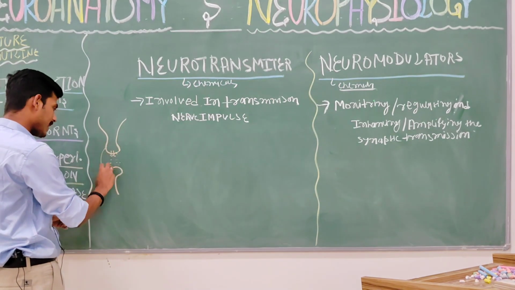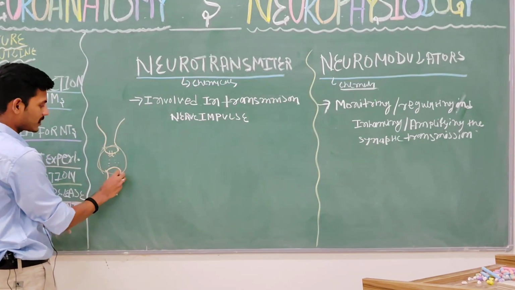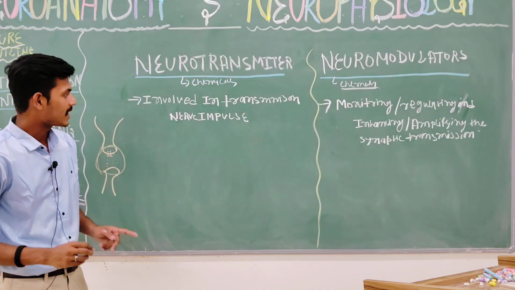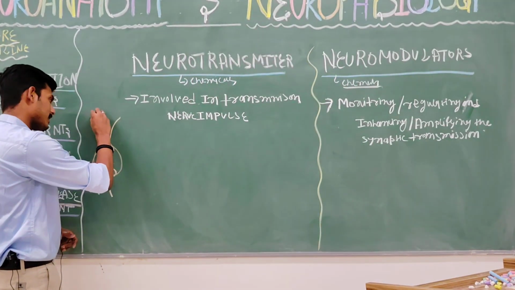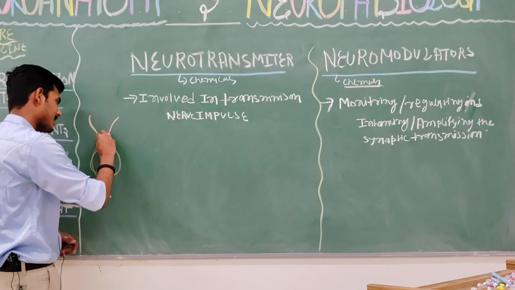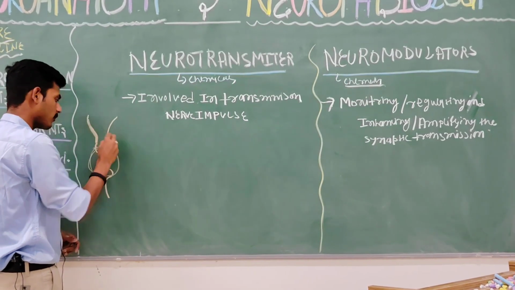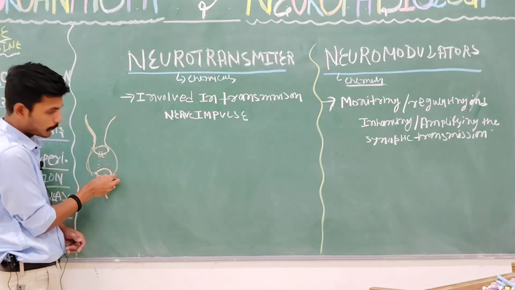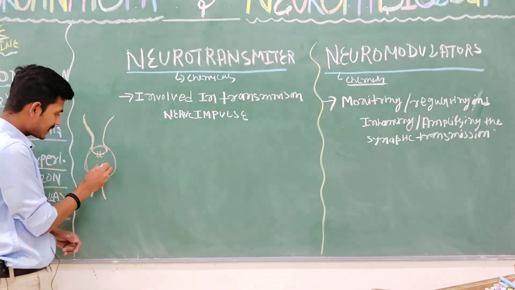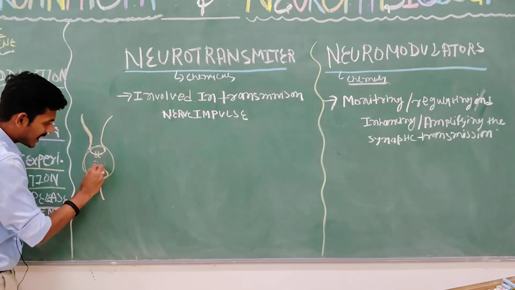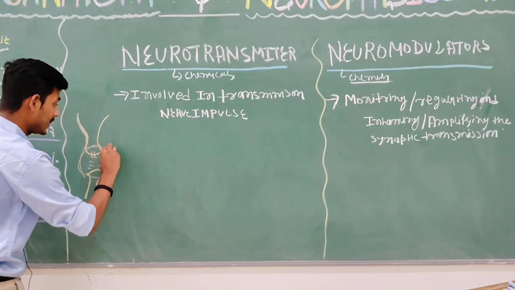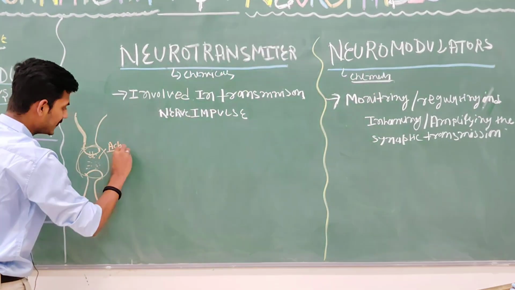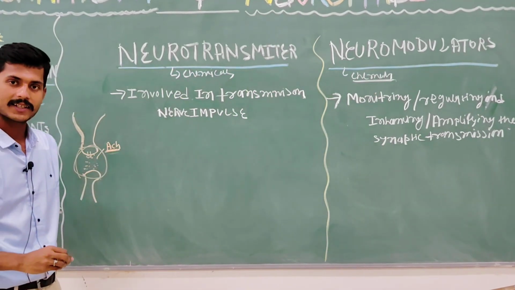This process we define as synaptic transmission, fine. So in synaptic transmission, what is happening? There is the transmission of action potential, or nerve impulse, or a message from the presynaptic neuron to the postsynaptic neuron. And in this, the chemicals are neurotransmitters, fine. You've seen the example of acetylcholine in detail in the synapse lecture.